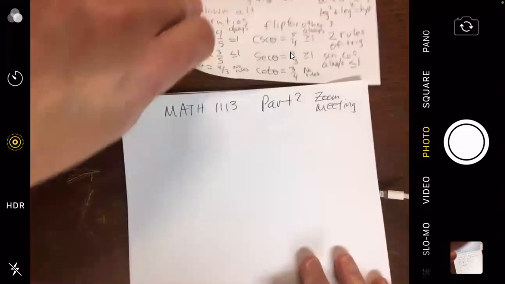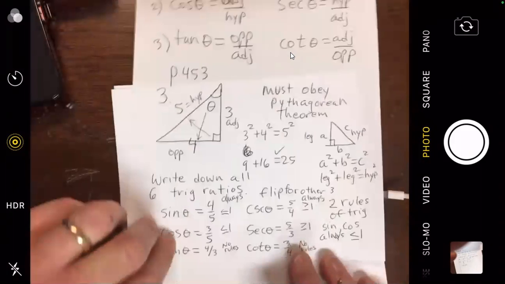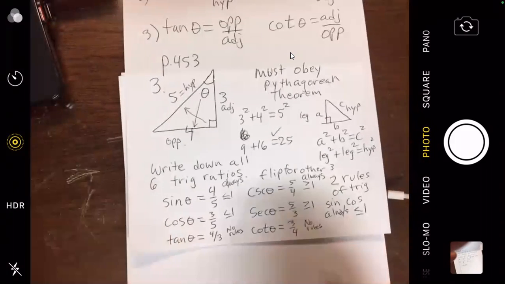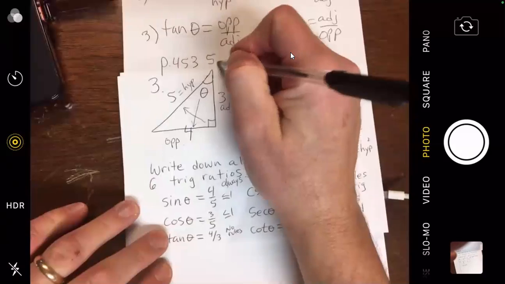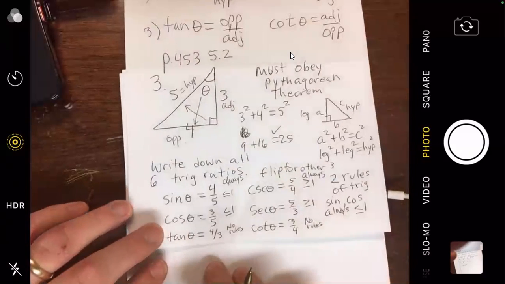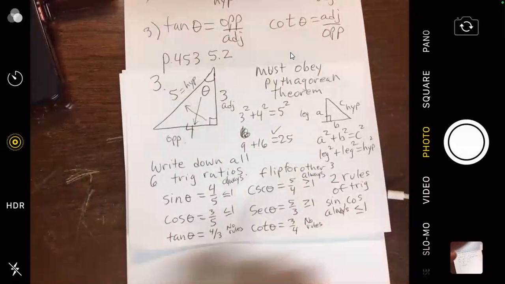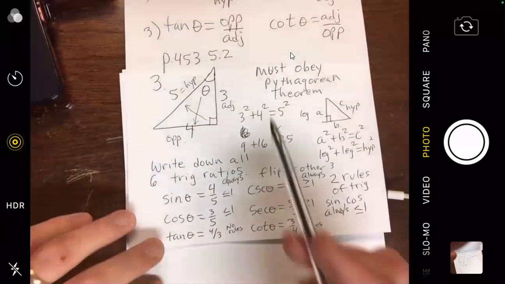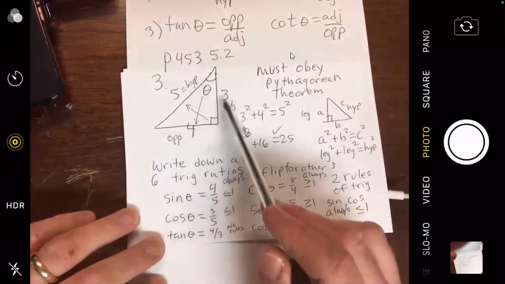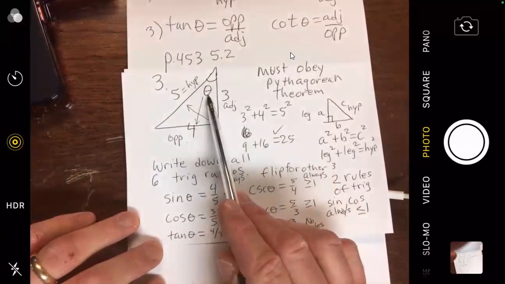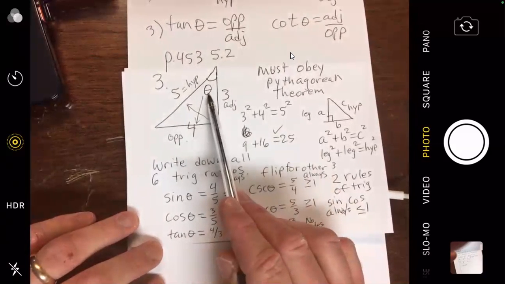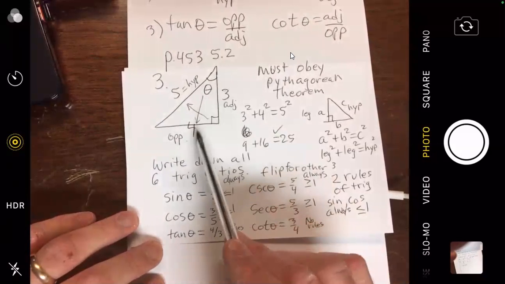Just to let you know, this was the first homework problem in 5.2. It was the picture of the triangle in the book, with the angle in that position. So you've got the adjacent side here, the opposite side here.